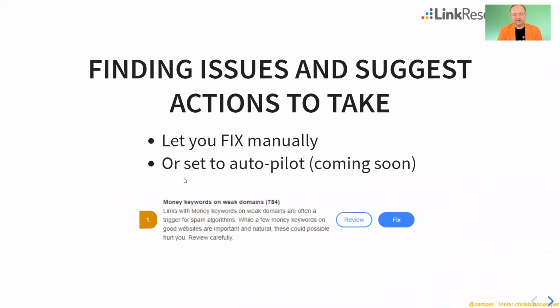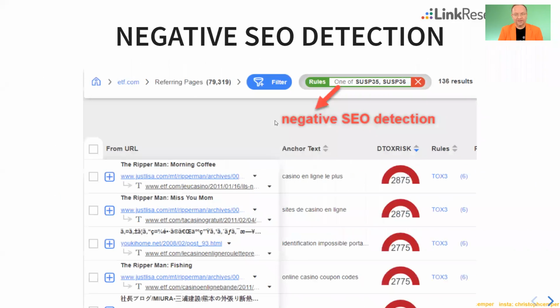Finding issues and suggesting issues to take is our goal, based on the data, based on the signals, based on the machine learning that decides what to suggest on a data level. This new layer will allow us to give you recommendations based on the data, so you don't have to. This is where we help you save time.